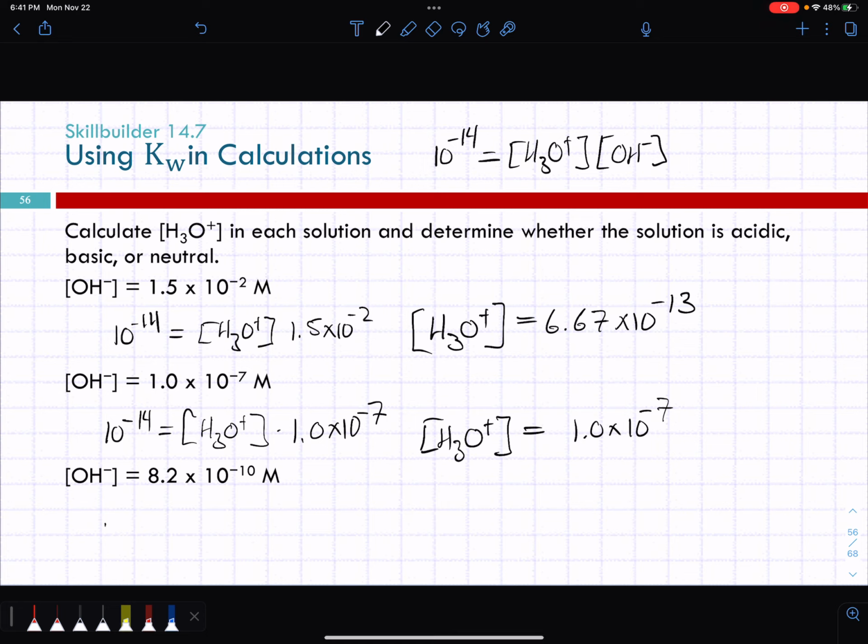And then the last one: 10 to the minus 14 equals H3O plus times 8.2 times 10 to the negative 10.